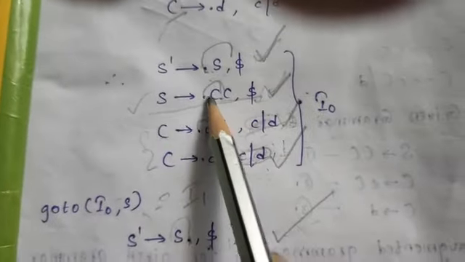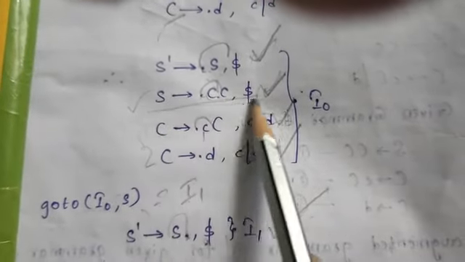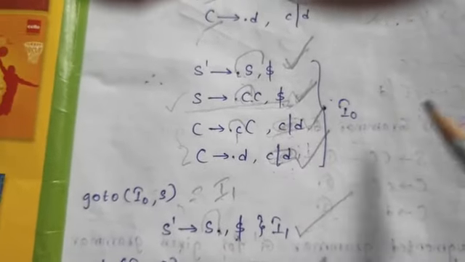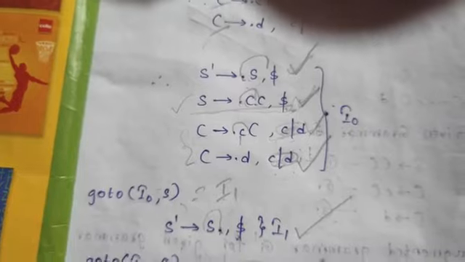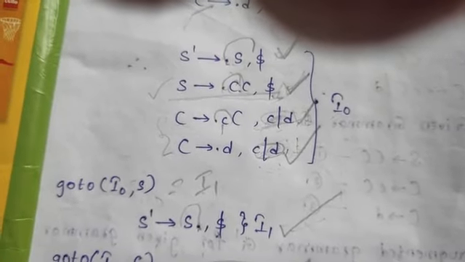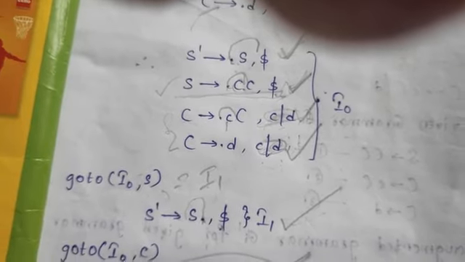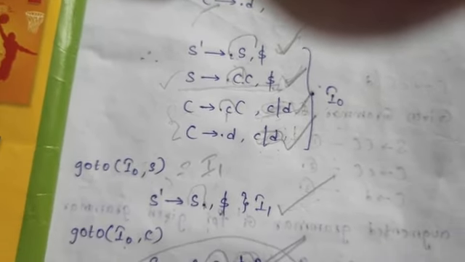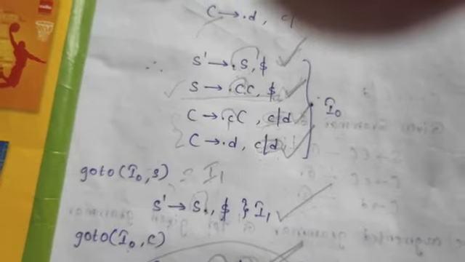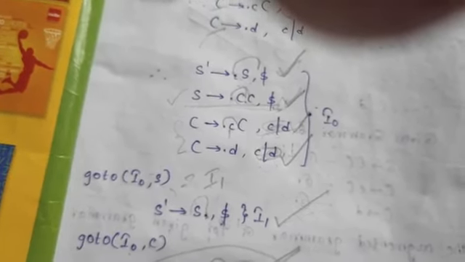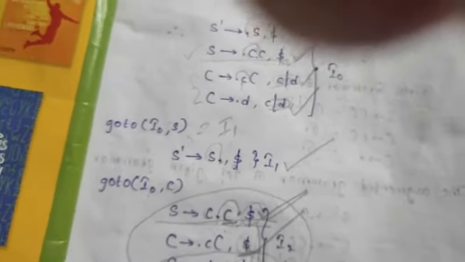The first one is, whenever the dot moves in any production, you need to place that look ahead for the first production. And if any productions are below it because the dot is before a non-terminal, we simply copy the production's look ahead, whatever the look ahead is for the first grammar production. That is the only thing to remember.